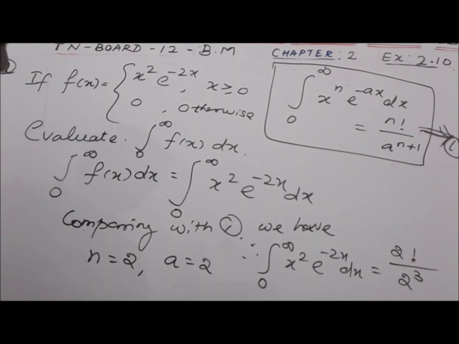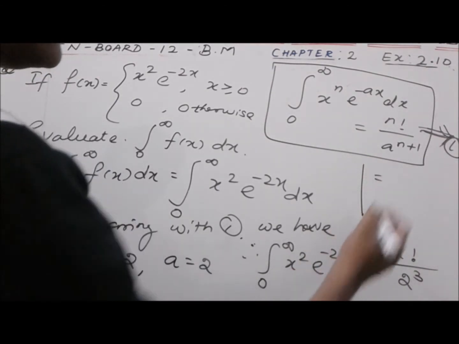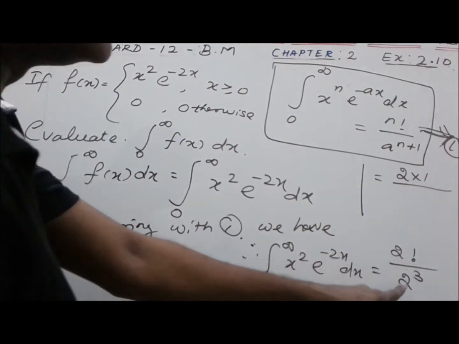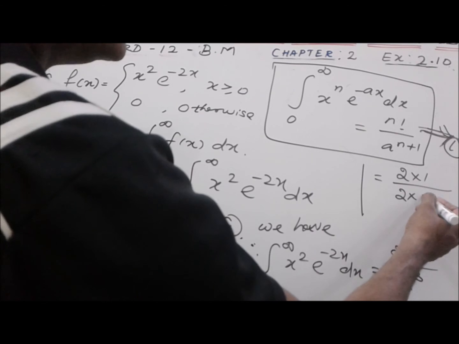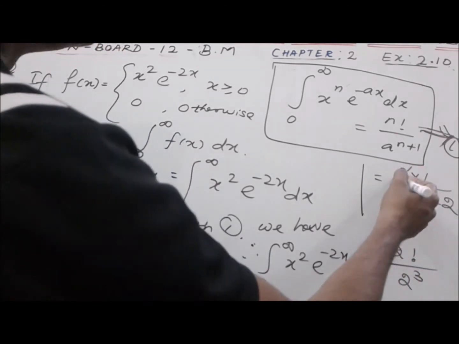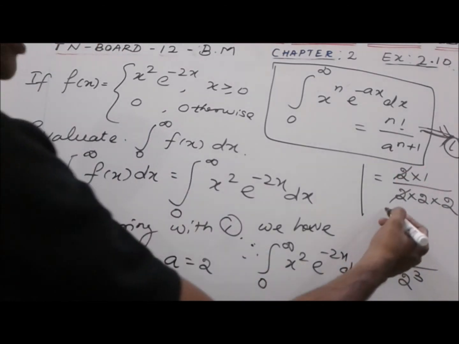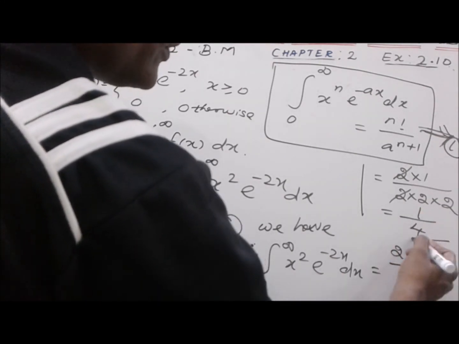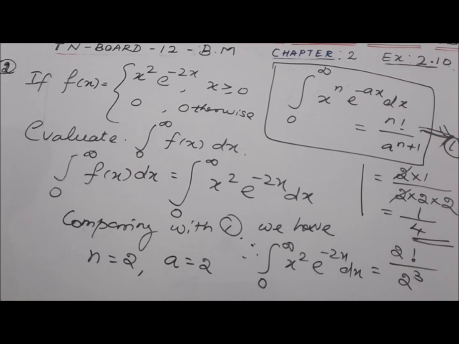So 2 factorial by 2 power 3. I'm writing here 2 factorial is 2 into 1, and 2 cube means 2 into 2 into 2. We can simplify. The remaining is 1 divided by 4. So the answer is 1 by 4.